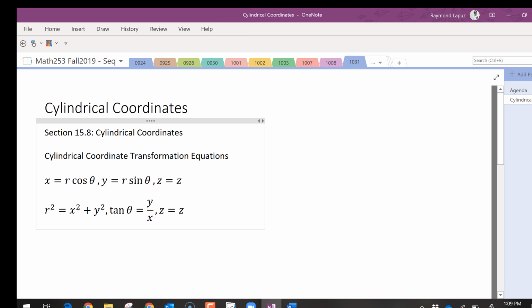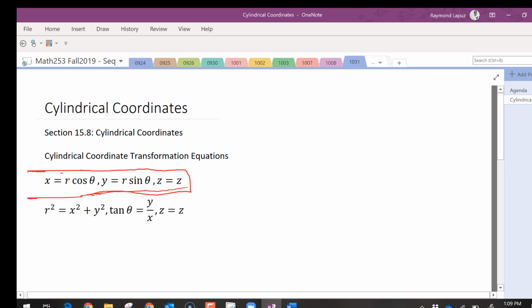This will help us do things in 3 dimensions. And if you notice, you've got the r cosine theta and r sine theta. That setup is like the setup for polar coordinates. So this is really just polar coordinates, and the z is still going to be a z. So that's not really going to change things very much.